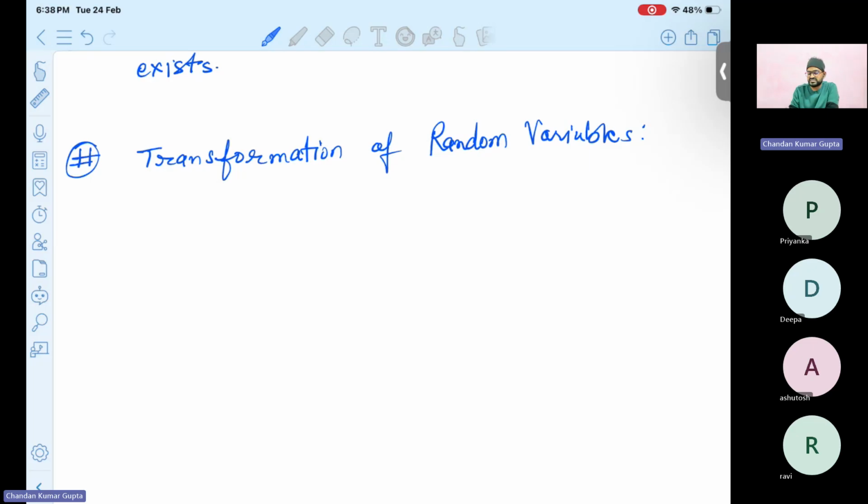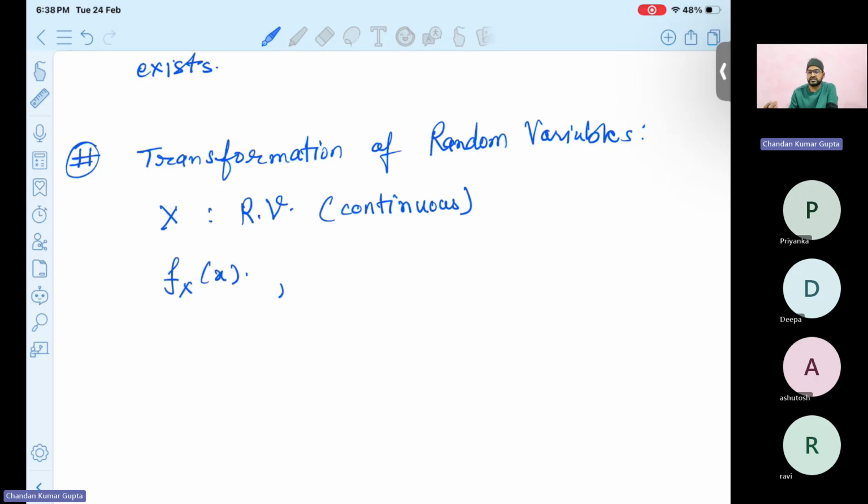So suppose x is a continuous random variable, and we will discuss the continuous case, and its PDF is f_X.